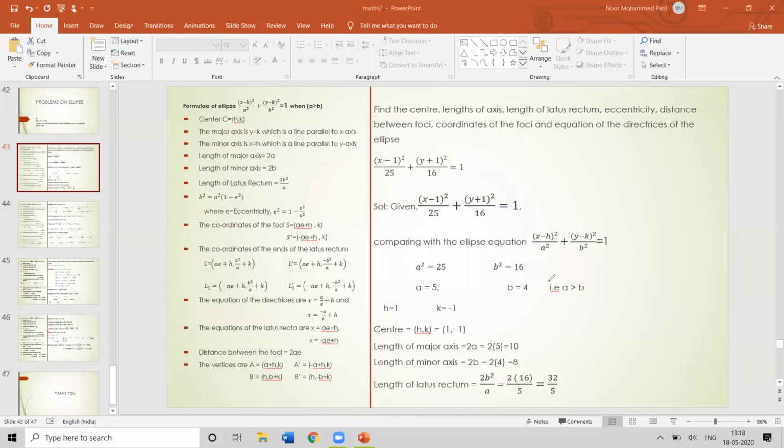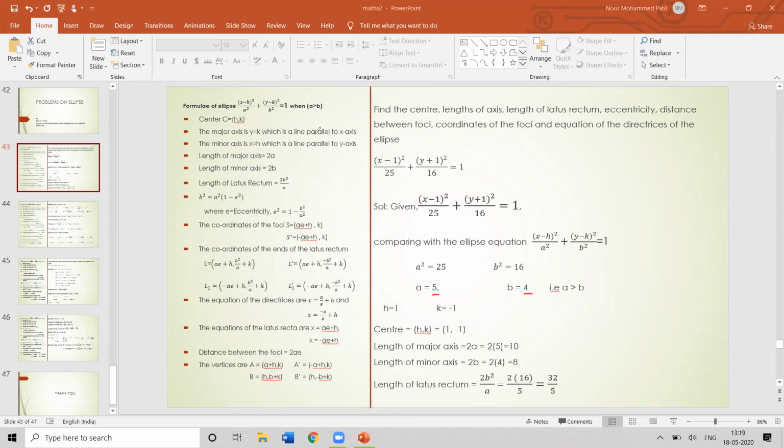Now we have to identify whether a value is greater than b or a value is less than b, so that we can apply the respective formulas. Here in this example, a value is 5 whereas b value is 4. From this we can say that a is greater than b.